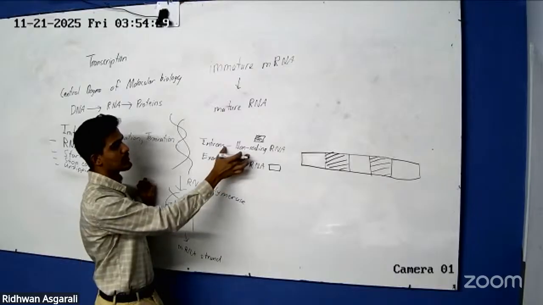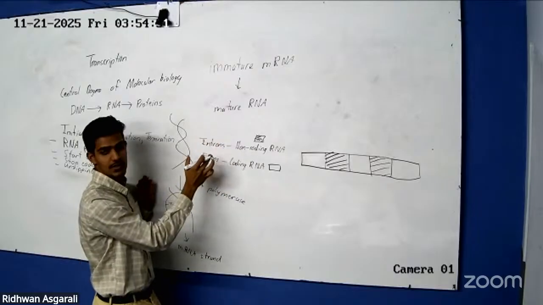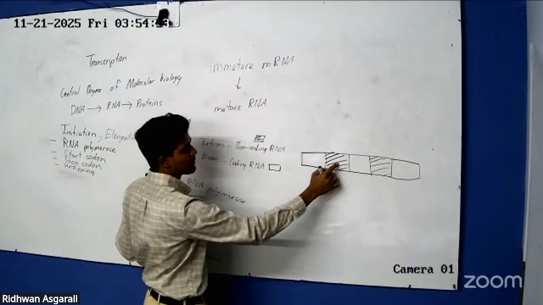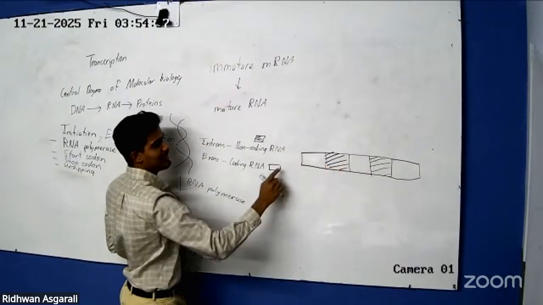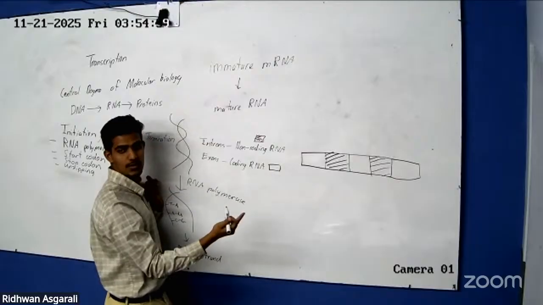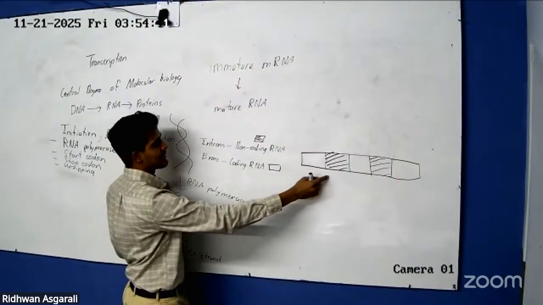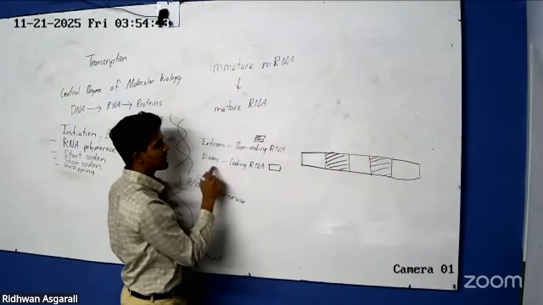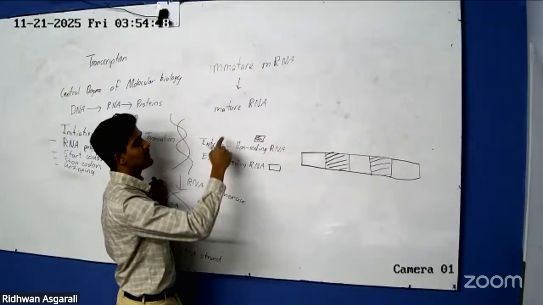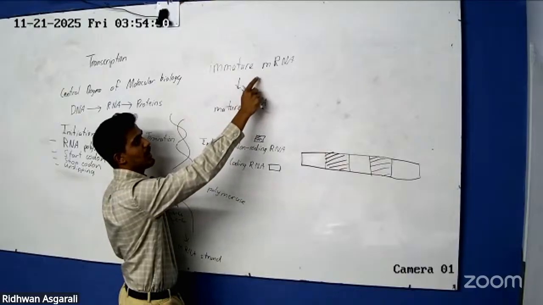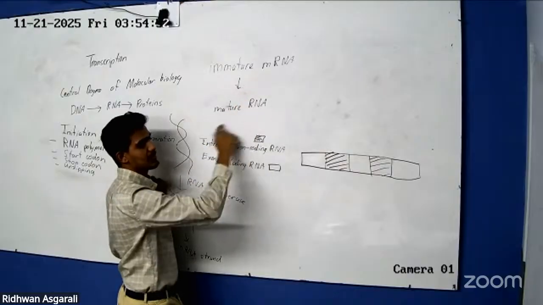Now, the point of this whole process is to increase efficiency. If these introns do not code for proteins or have a role in the mRNA, they're going to be cut out, and you should just remain with exons. So these are modifications made to the immature mRNA to make it mature mRNA.